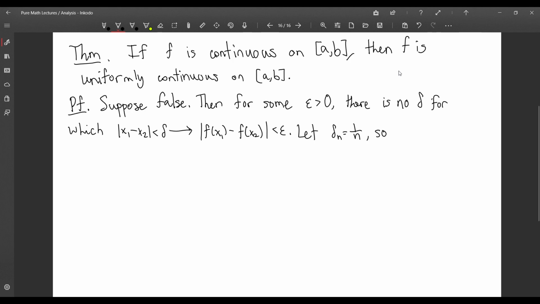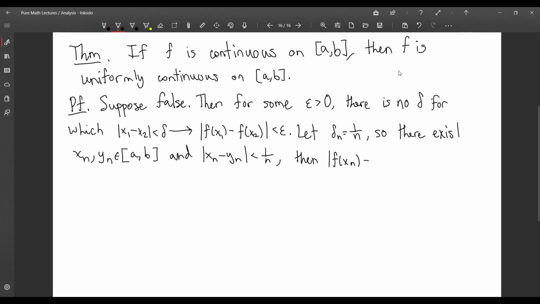So if x sub n and y sub n are points in our interval [a, b], and their distance is less than 1 over n, then we know that f of x sub n minus, and actually, so there exists.